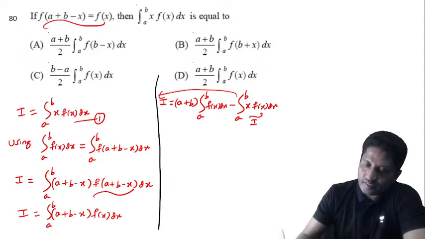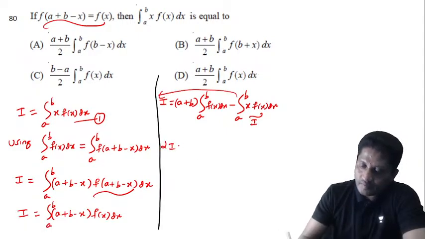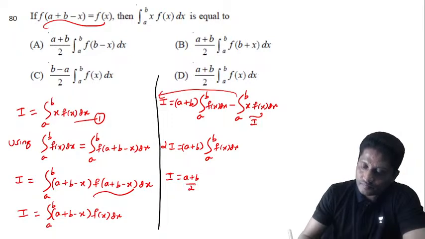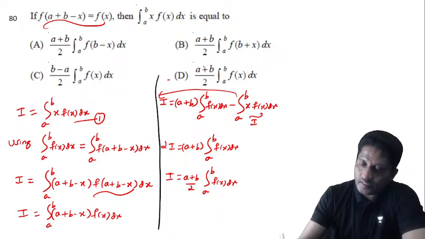If you shift it to the left side, 2I is equal to a plus b integration of a to b f of x dx. I is equal to a plus b by 2 integral a to b f of x dx. Answer is option D.